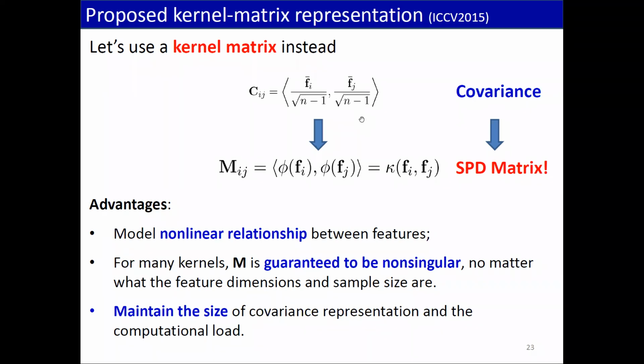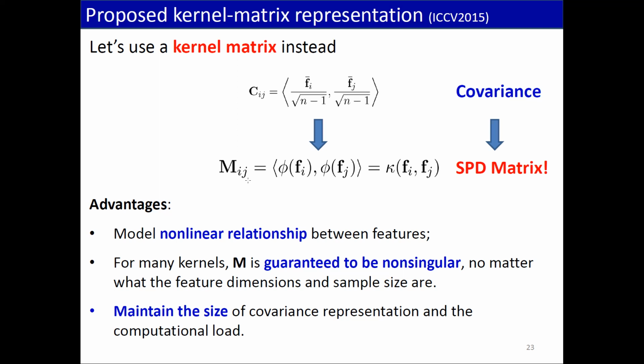So we expanded the domain from covariance matrix-based feature representation to SPD matrix feature representation. The advantage is we can freely model the nonlinear relationship between features. Also, for many kernels, we can prove theoretically that the matrix obtained is guaranteed to be non-singular, regardless of the feature dimension and the sample size. So this is very good.